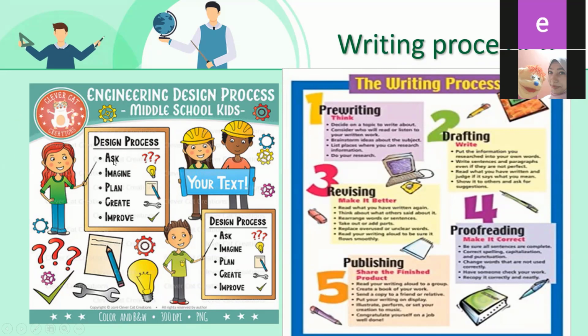The second step is drafting. Drafting is similar maybe to imagine and plan. The third step is revising. Revising our plan and our draft is improve in the design process. Also proofreading is to improve and create. So every step in the writing process is similar to the design process in some way.